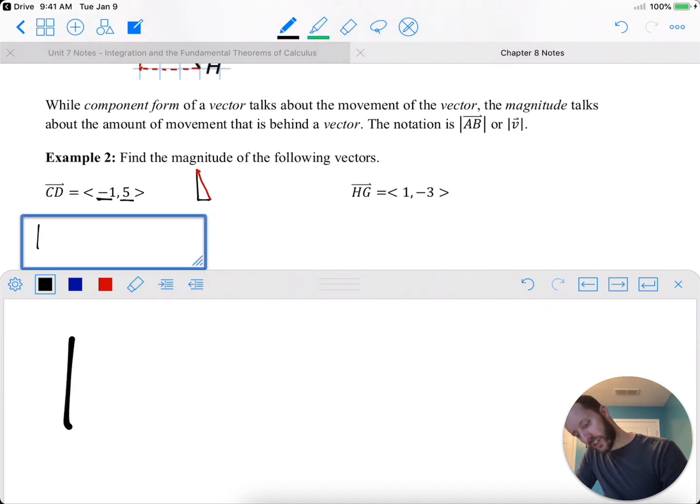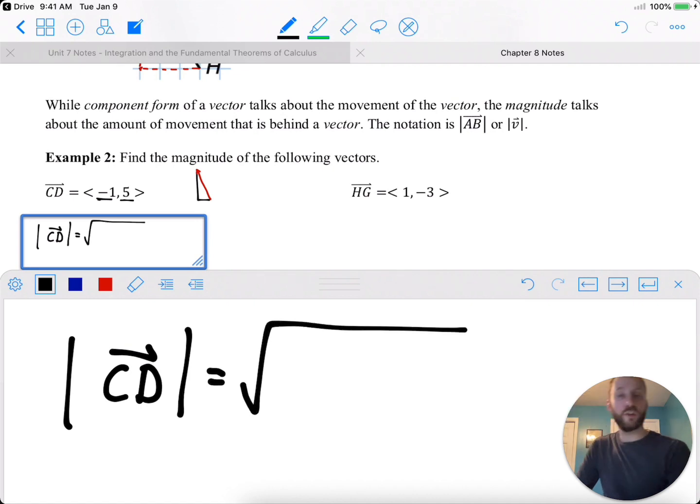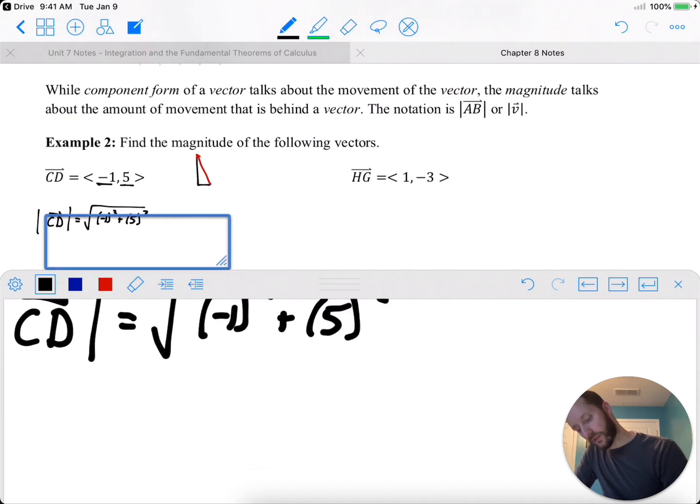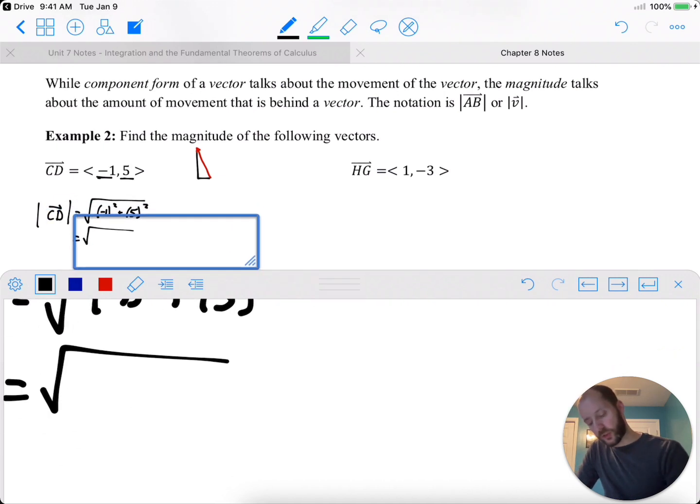So the magnitude of vector CD, we're going to do some Pythagorean theorem. Negative 1 squared plus 5 squared comes out to 1 plus 25, root 26.